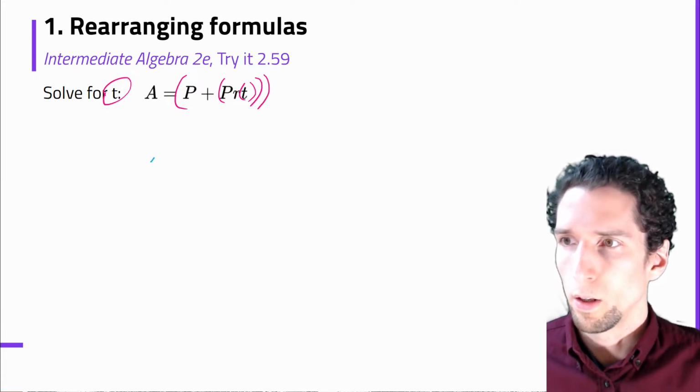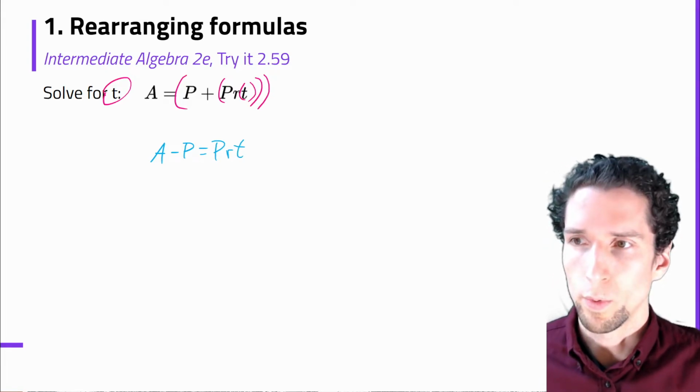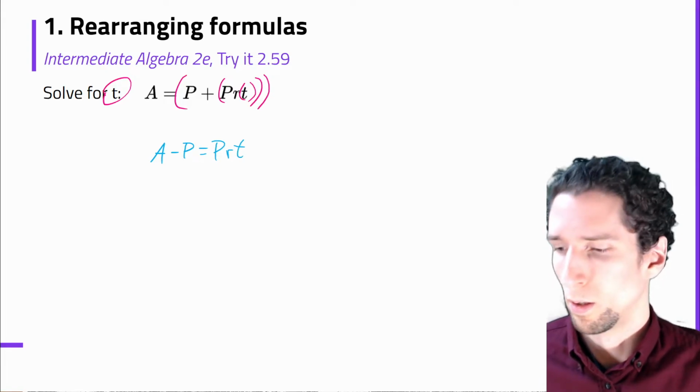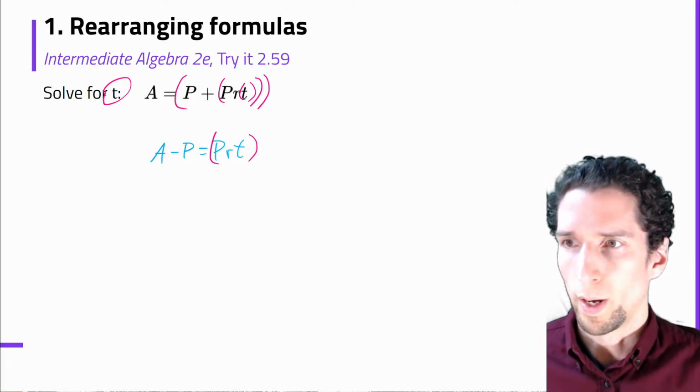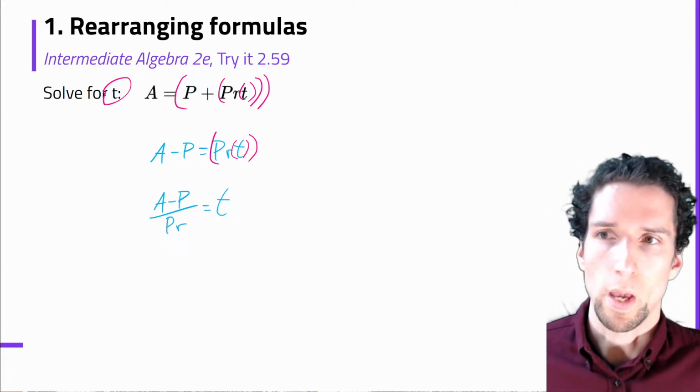So first line here, it will be a minus p equals prt. And then the next line, we're just dividing by pr. Put those brackets back in here like this. Dividing by pr, so a minus p over pr equals t. And we're done.